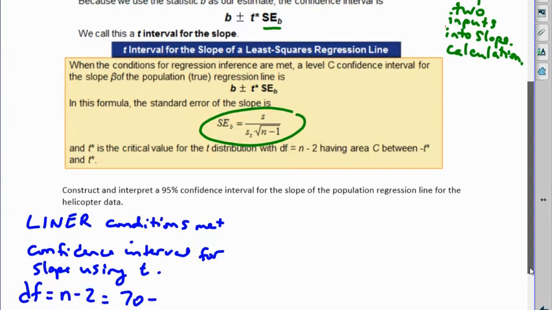So we did 70 drops minus 2, 68 degrees of freedom. Our critical t value for an alpha of 0.05 divided by 2 with 68 degrees of freedom, I use inverse t on my calculator to see what that value would be.